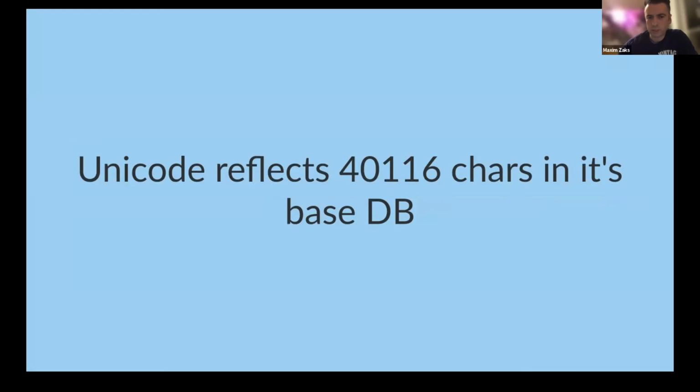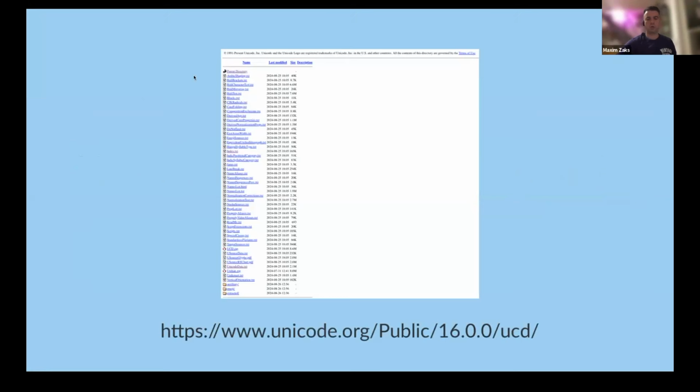What is the Unicode database? If you go to this URL, Unicode being an organization, you will see the Unicode database, which is just a bunch of text files structured kind of like CSV files.